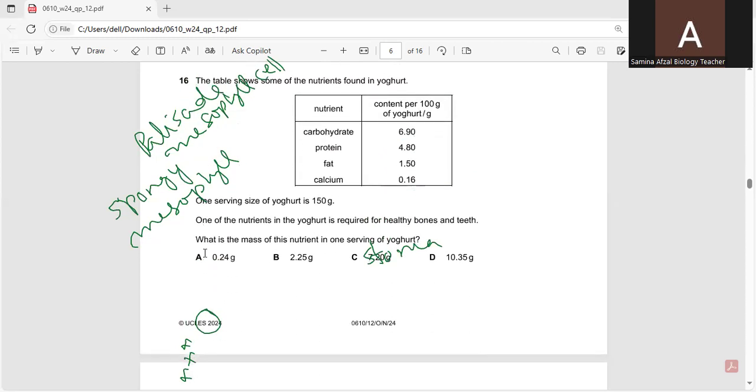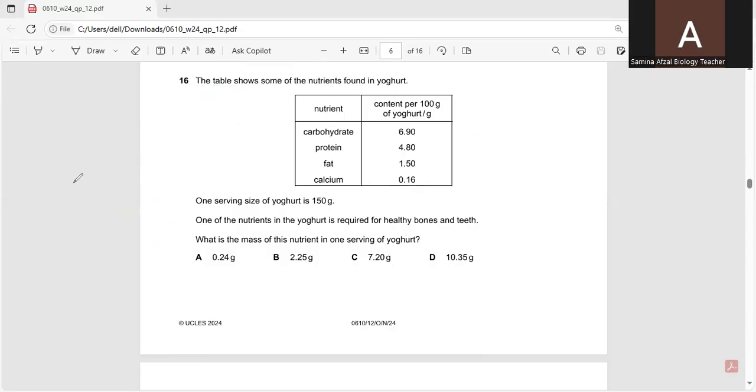Now question number 16. The table shows some of the nutrients found in yogurt. One serving size of yogurt is 150 gram. One of the nutrients in the yogurt is required for healthy bones and teeth. What is the mass of this nutrient in one serving of yogurt? And you can see the carbohydrates 6.90, protein 4.80, fat 1.56. So we are talking about the calcium.